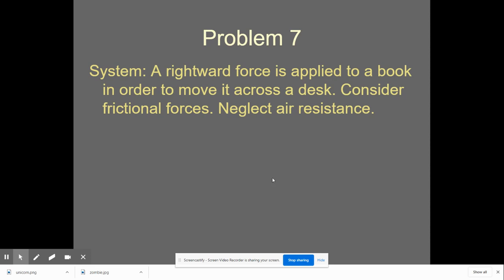A rightward force is applied, so I think there's going to be an applied force arrow to the right. I think there's going to be a friction force to the left, but I think the applied force is going to be longer than the friction force because it says it's going to the right. And I think I'm going to have gravity and a normal force.